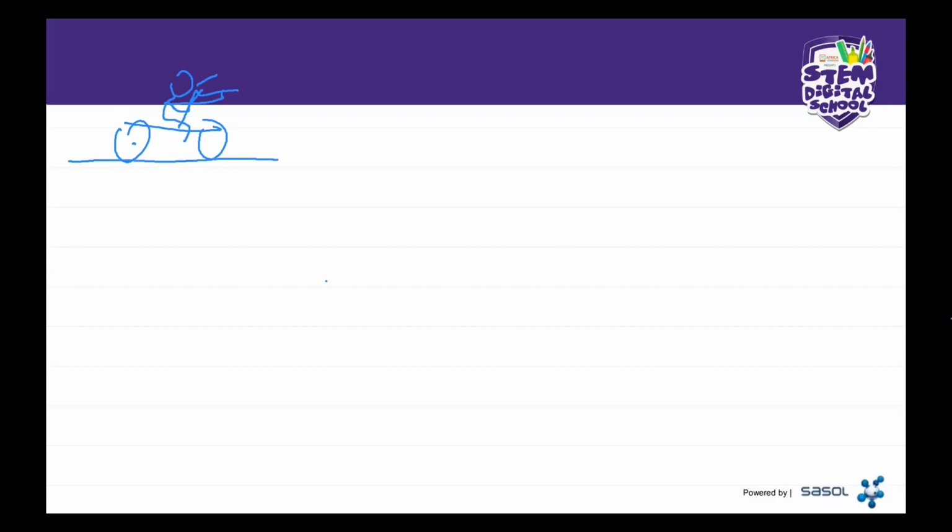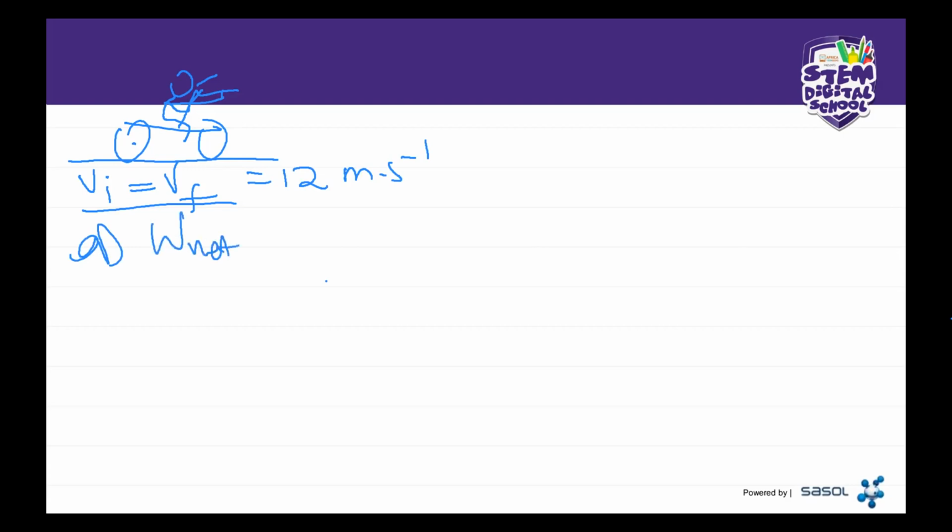If the velocity is constant, it means that vi is equal to v final, right? Because it's constant, it doesn't change, doesn't go up and down like the normal ones that we know. So these ones will both be equal to 12 meters per second. So which means that at A, our net work is going to be the change in EK, and our change in EK is going to be equal to half m vf squared minus half m vi squared.